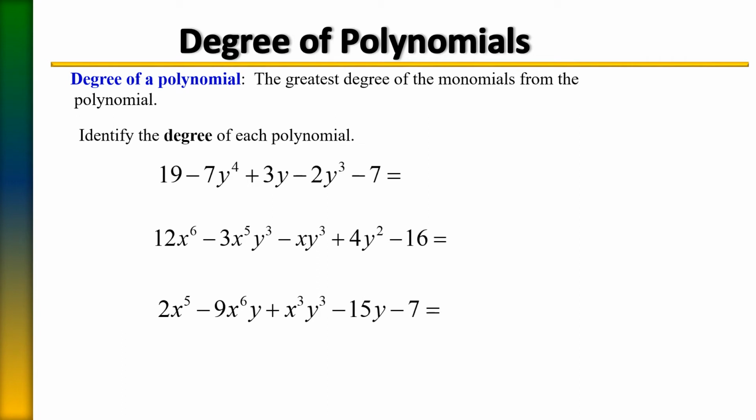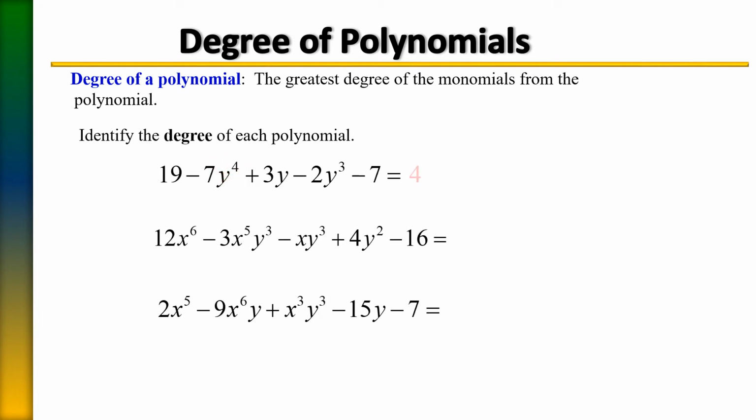So, the first term does not have a degree. Second term has a degree of 4, degree of 1, the degree of 3, degree of 0. So out of all these terms or binomials, the one that has the highest degree is 4, the degree of 4.